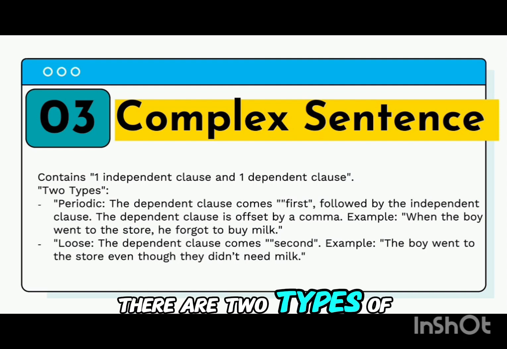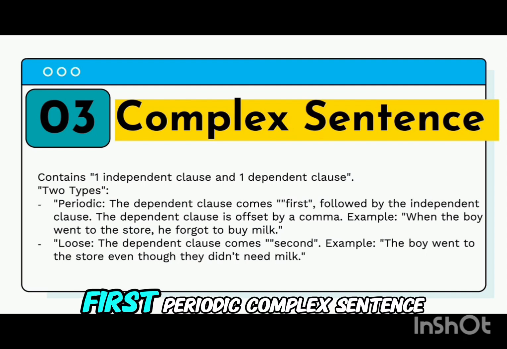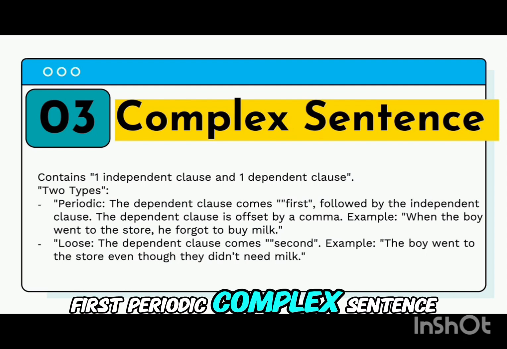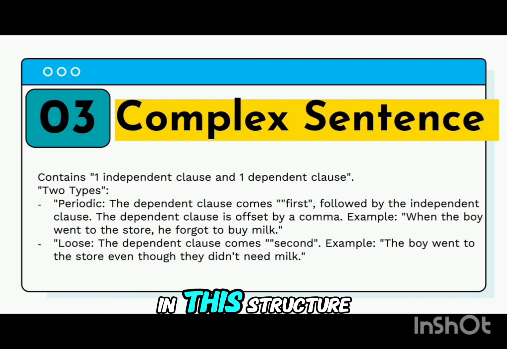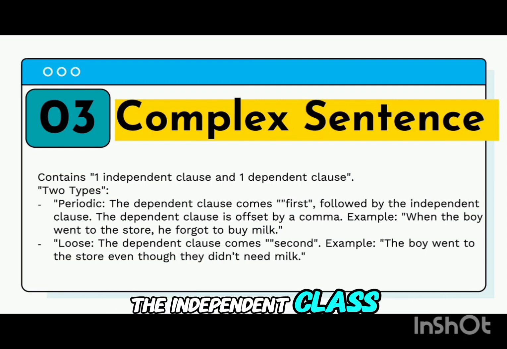There are two types of complex sentences. First, the periodic complex sentence. In this structure, the dependent clause comes before the independent clause.